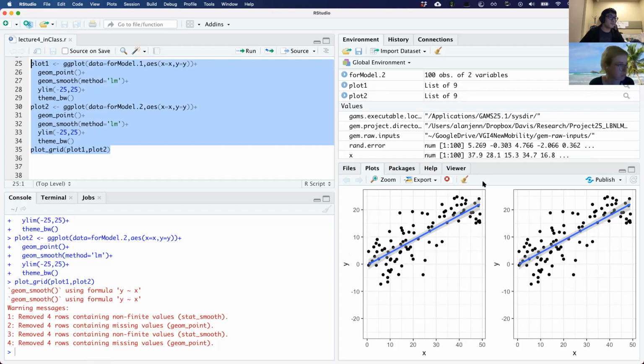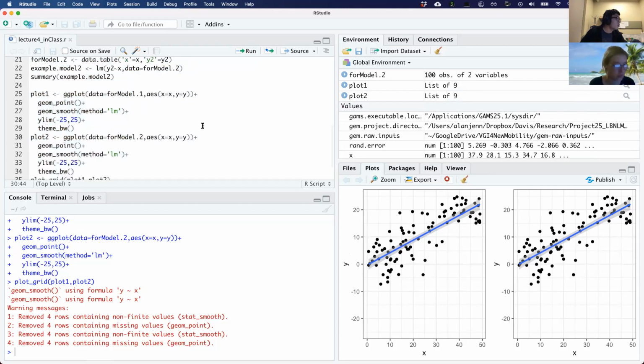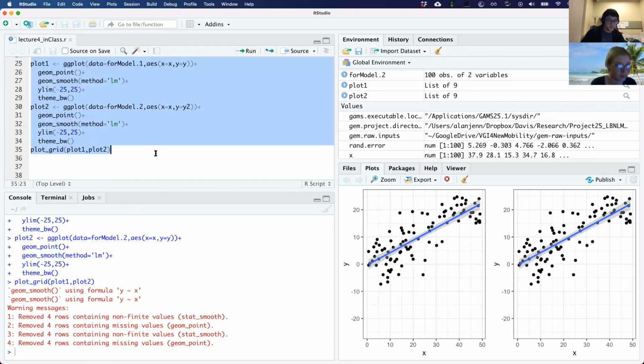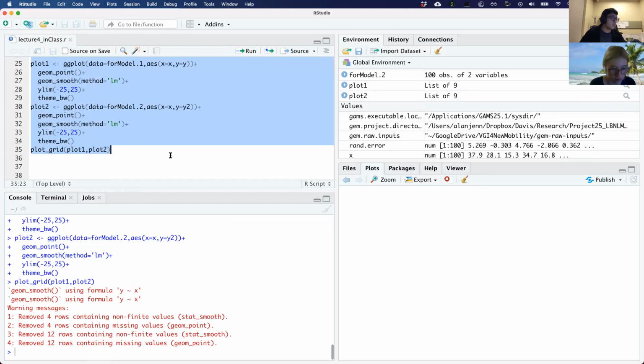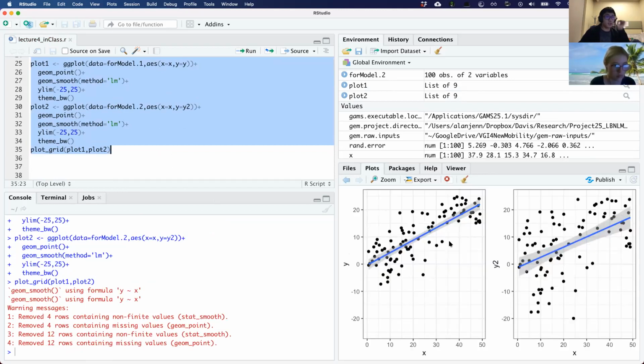Great, okay. So these are two plots. Oop, I think this needs to be Y2. Let's try that again. Yeah, there we go.